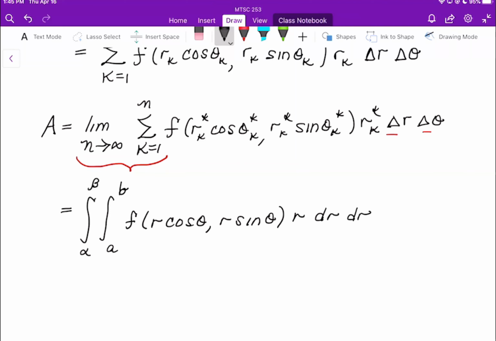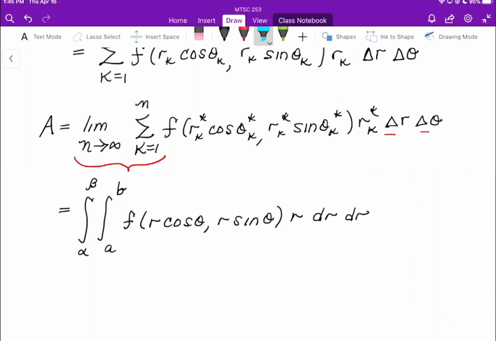So before, where we had dx dy, we now have r dr d theta. Okay, and that's how we're going to do all of ours.